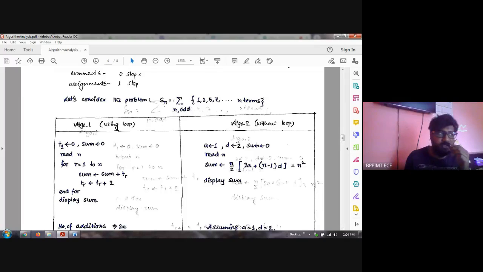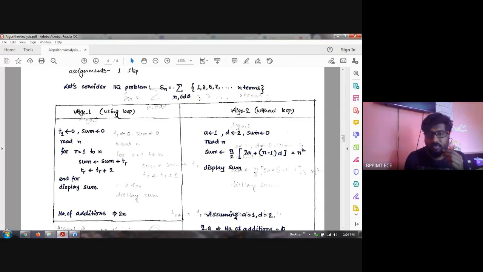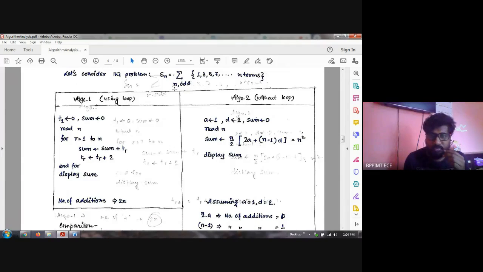That example was the summation of any n number of elements. Here also we are adding up n number of elements, but these elements have a specific pattern. They form an AP, arithmetic progression. We are supposed to add n number of elements starting from 1, following an arithmetic progression where the common difference is equal to 2, the first n odd terms.